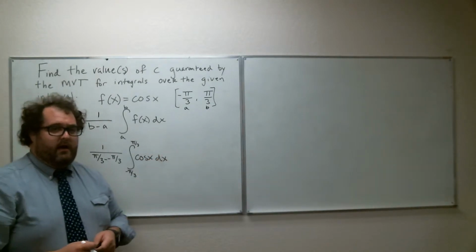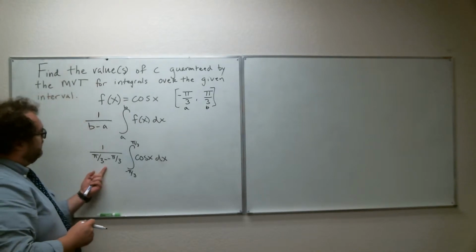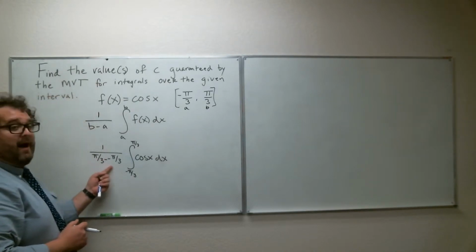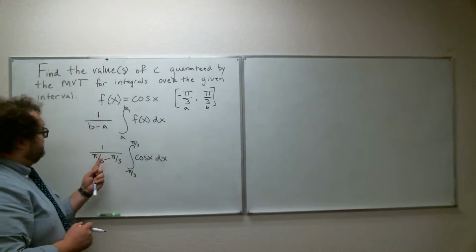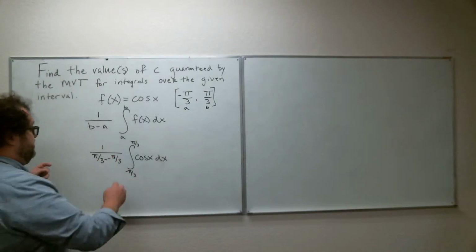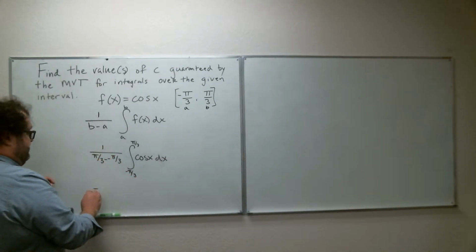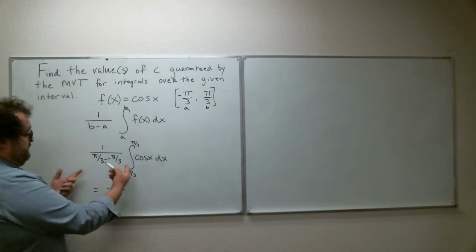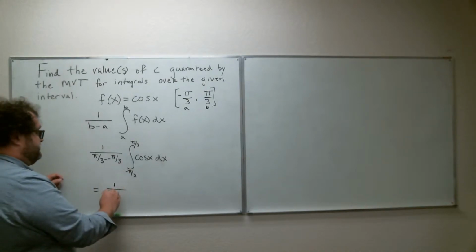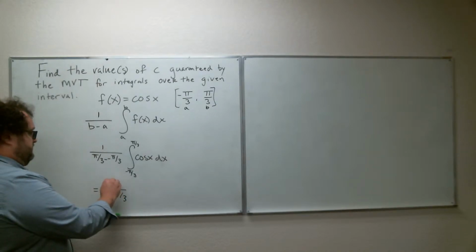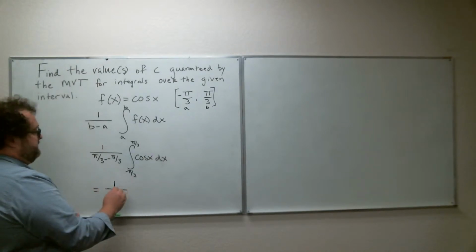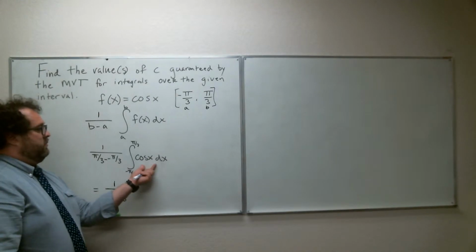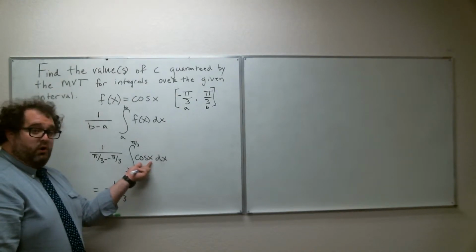Okay, we can do a little bit of algebra here. So pi over 3 minus negative pi over 3 is pi over 3 plus pi over 3. So we end up getting 1 over, there's already a common denominator, 2 pi over 3, times, okay, what's the antiderivative of cosine?